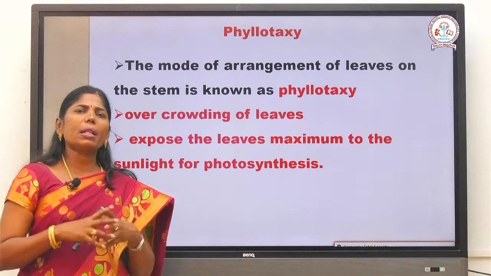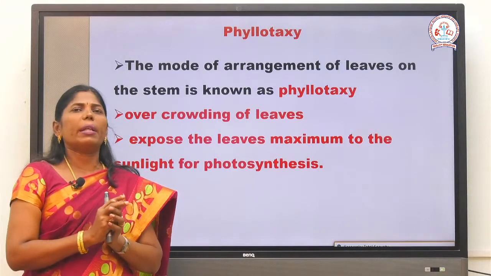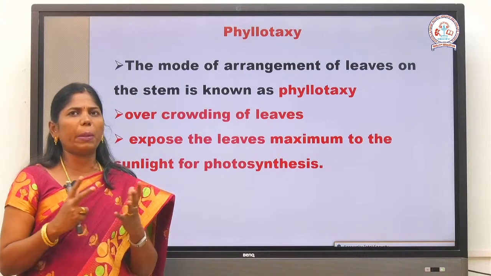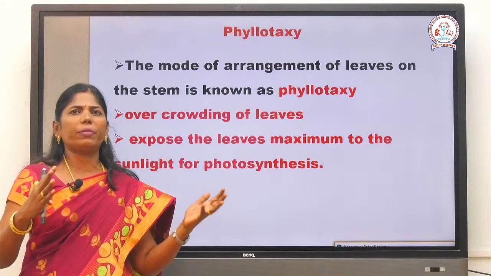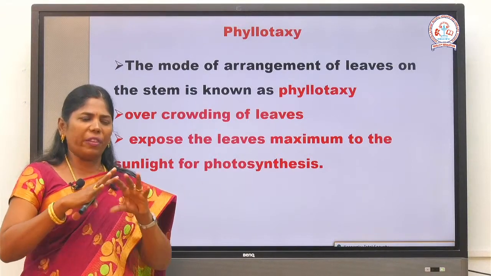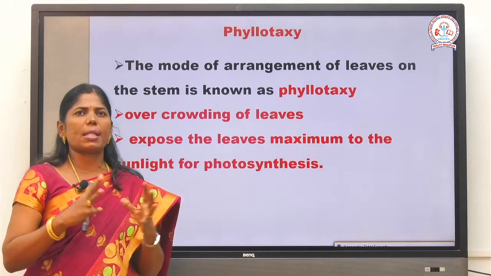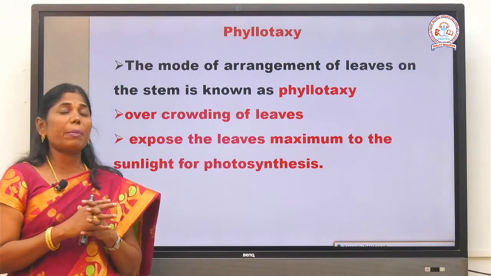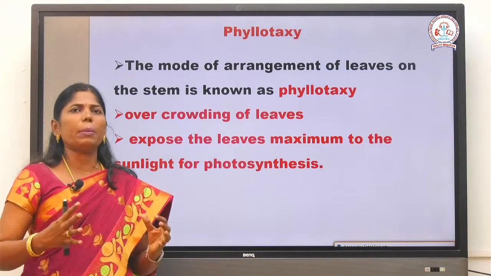So what is the use of phyllotaxy? If all the leaves are arranged on the same node, they cannot receive sunlight and cannot prepare food material. So it is used to avoid the crowding of the leaves. If they are arranged very crowdedly, they cannot do their functions. It exposes the leaves maximally to sunlight for photosynthesis, because they are arranged in the proper way.